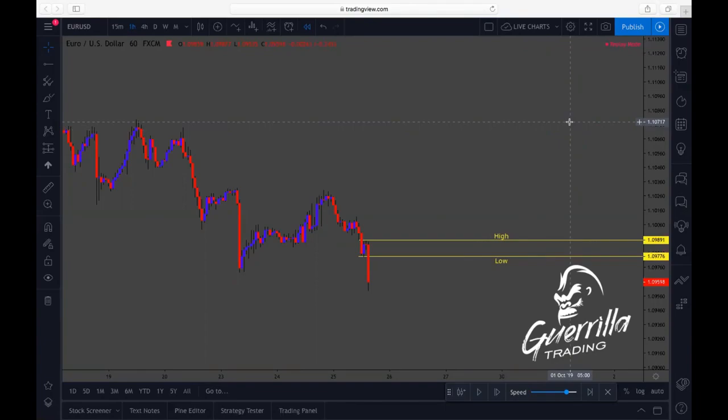Now, how do we know if these trends are starting to become exhausted and likely to not continue going in the same direction? The key thing is by looking at price action, and the way that we do this is by looking for ascending and descending channels.